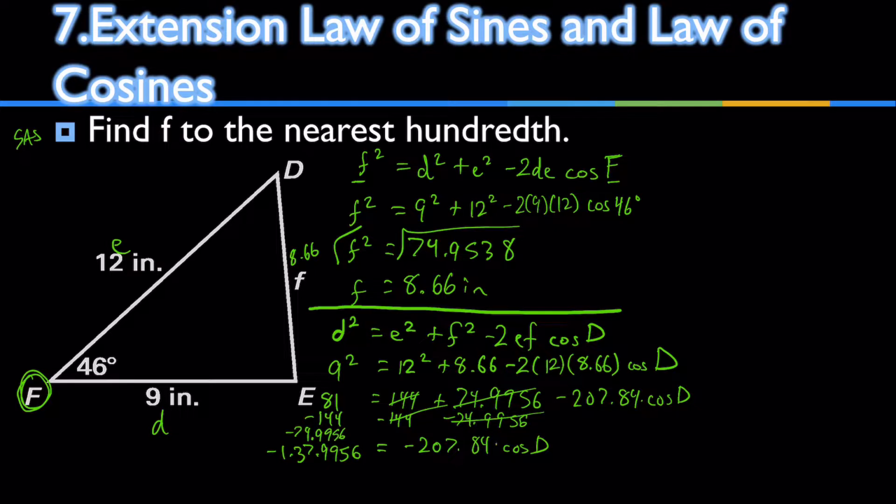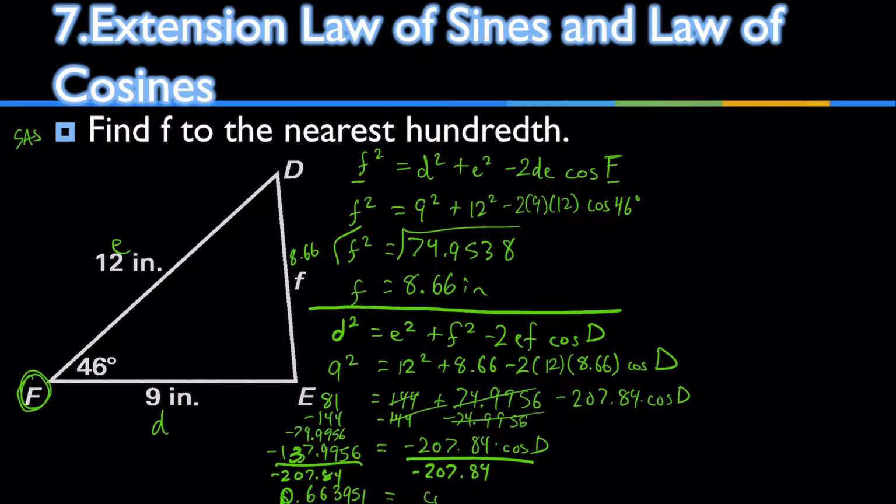Since it's times, we'll divide. All right, so we're going to divide by negative 207.84. That gets me 0.663951.